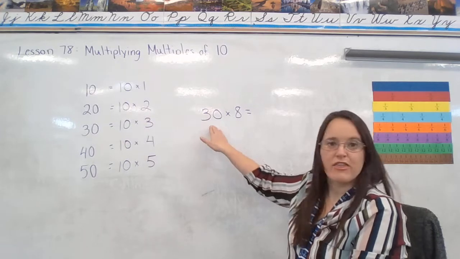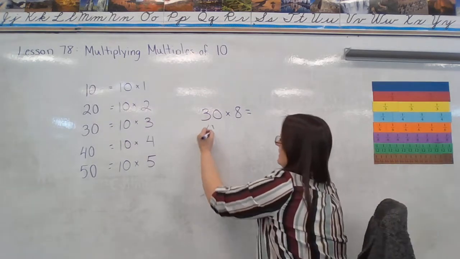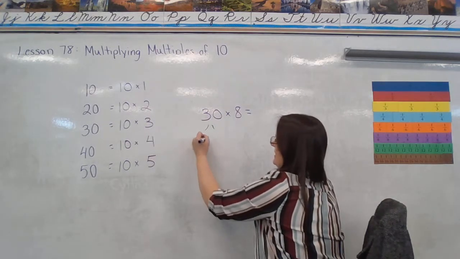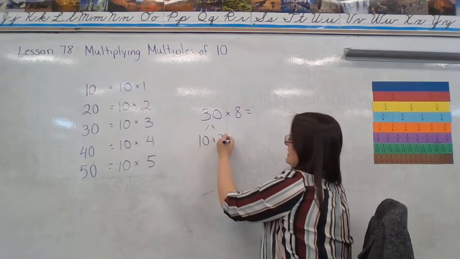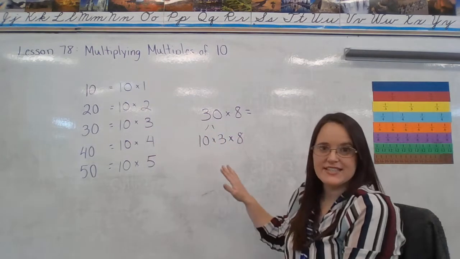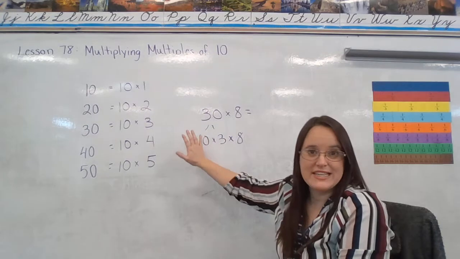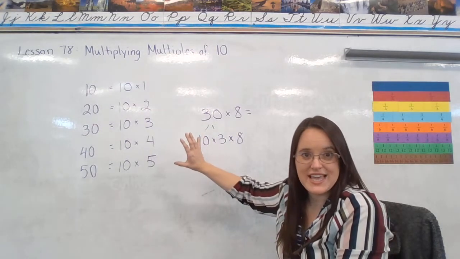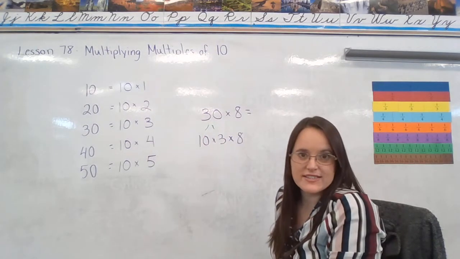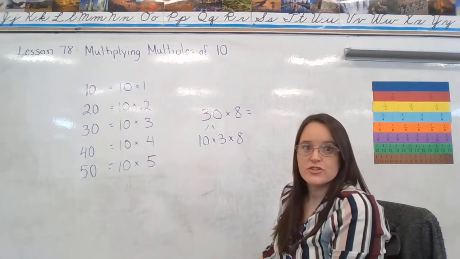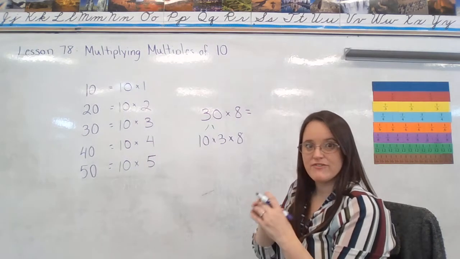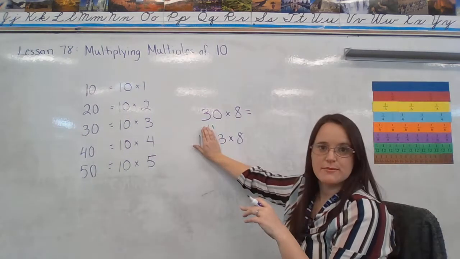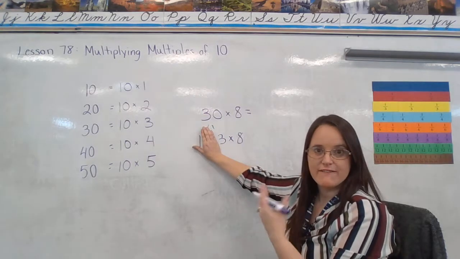If we break 30 down into 10 times 3 times 8, we know a really easy tens trick. We just take the answer and tack on a 0 to the end, right? So we're going to save that trick for the end, and we're just going to multiply 3 times 8 first.